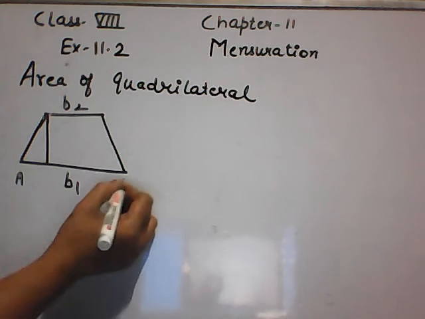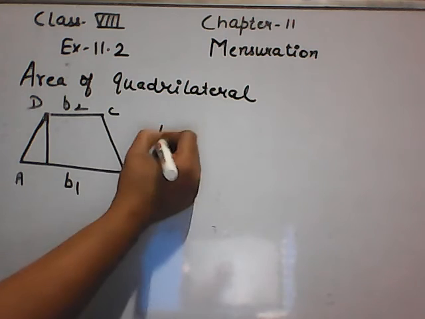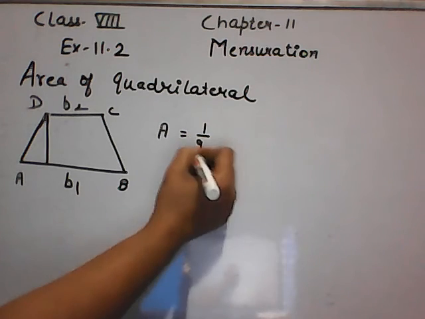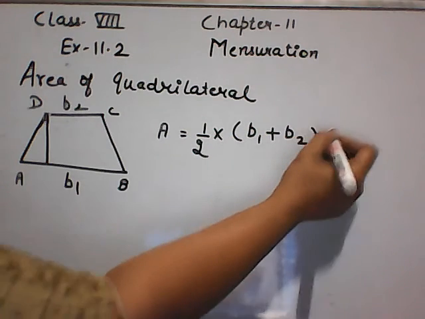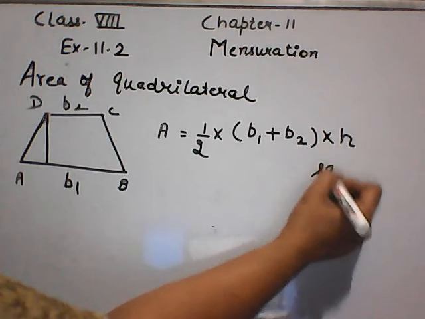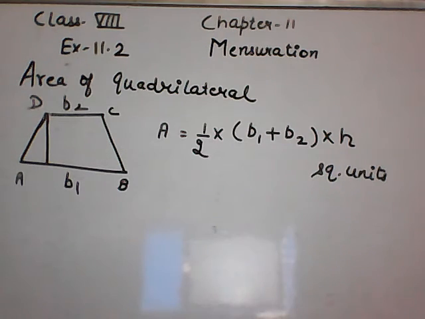Suppose it is A, B, C, D. ABCD is a trapezium, b1 and b2 are the lengths of the parallel sides, and h is the height of the trapezium. Then the area of the trapezium is 1 by 2 multiplied by the sum of the parallel sides multiplied by height square units. It is the formula for finding the area of the trapezium.